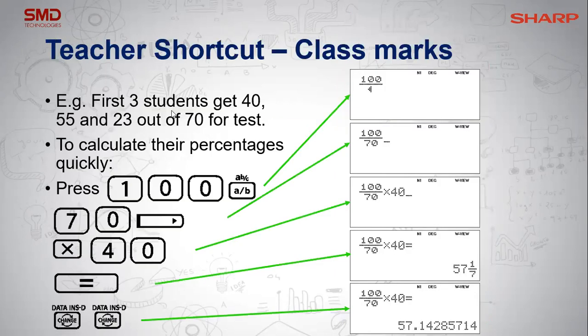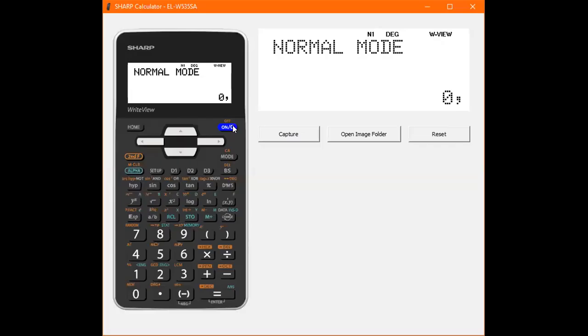Okay. So let me show you this very cool trick if you haven't seen it before. What you can do on your calculator is create a constant ratio. For example, if you set a test out of 70 and you want to convert all of those marks into percentages out of 100, then at the top you would put 100, and that's where you're going to.